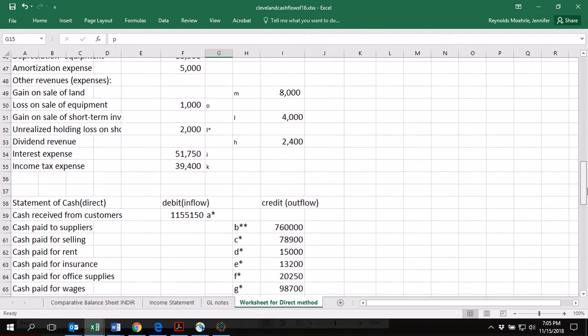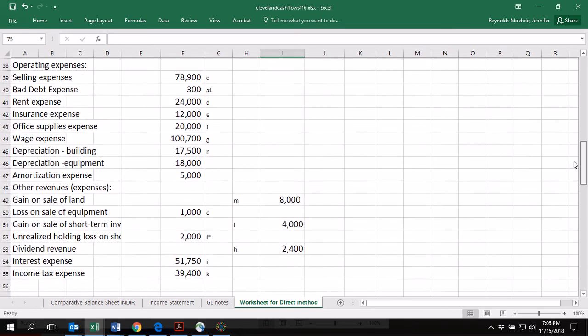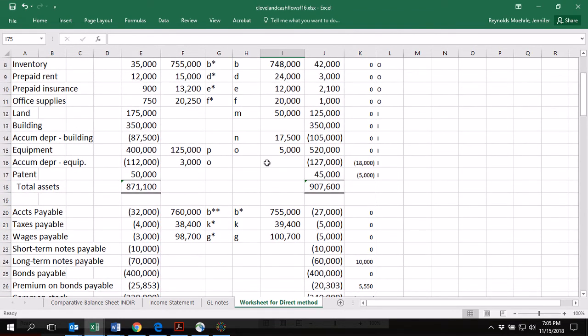My statement of cash flows, then that just becomes a purchase of equipment. This is item P. This is 125. Let's just make sure that we don't have anything else going on.